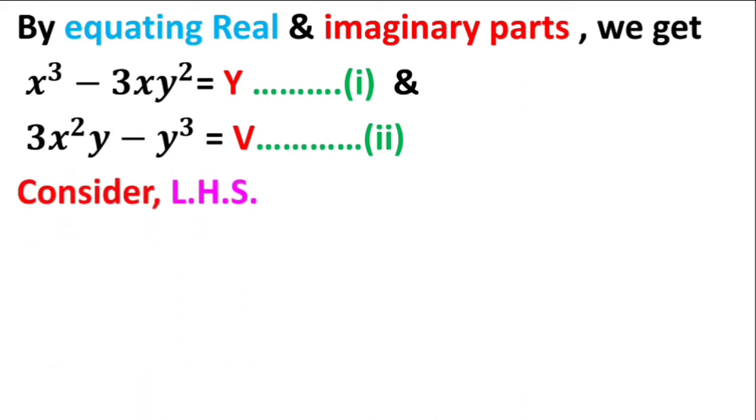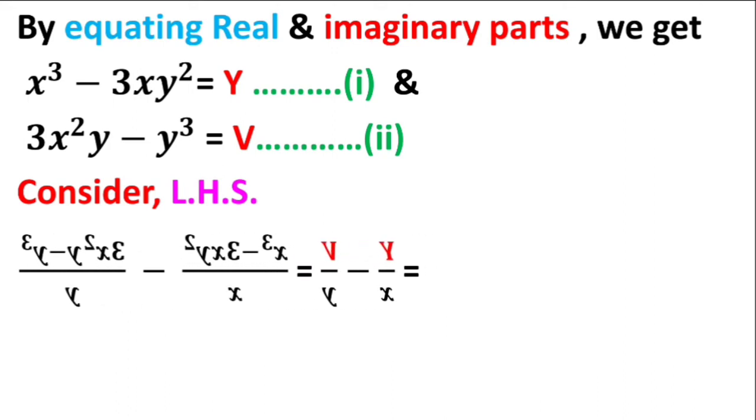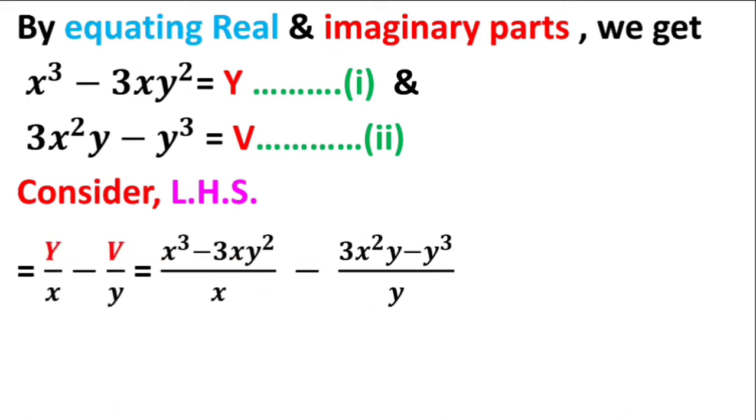Consider LHS, that is, what is LHS here? y upon x minus v upon y. Substitute both the values here, y as well as v. What is y? y is nothing but, we are substituting this value here, y is equal to x cube minus 3xy square divided by x as it is, minus what is v here? 3x square y minus y cube upon y.